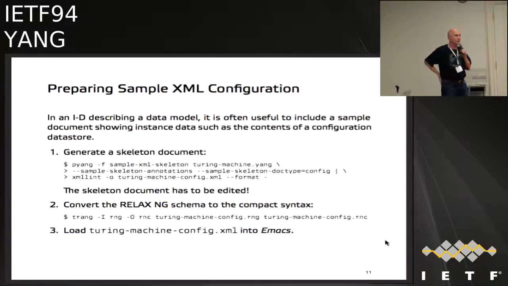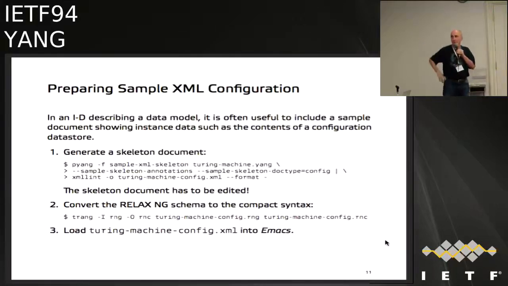But then this skeleton document has to be edited. Usually it's not valid because, for example, for every choice in the data model, you will have all cases that are part of the choice included in the instance document. So usually you need to remove all cases but one from the instance document in order to make it valid. But anyway, it's just a technical point.